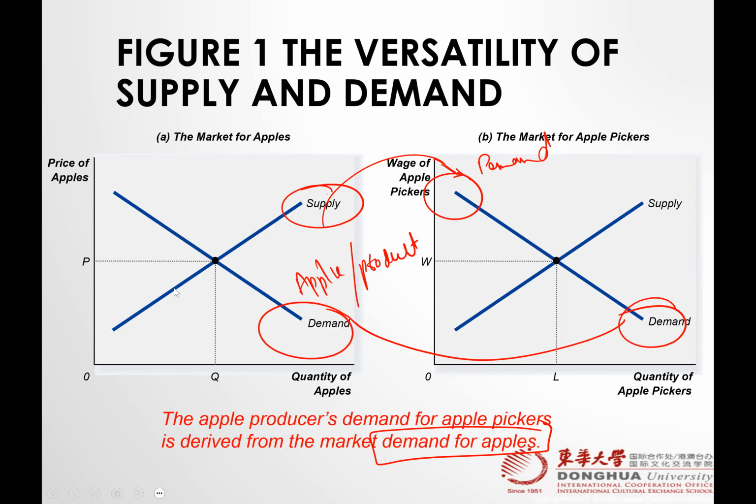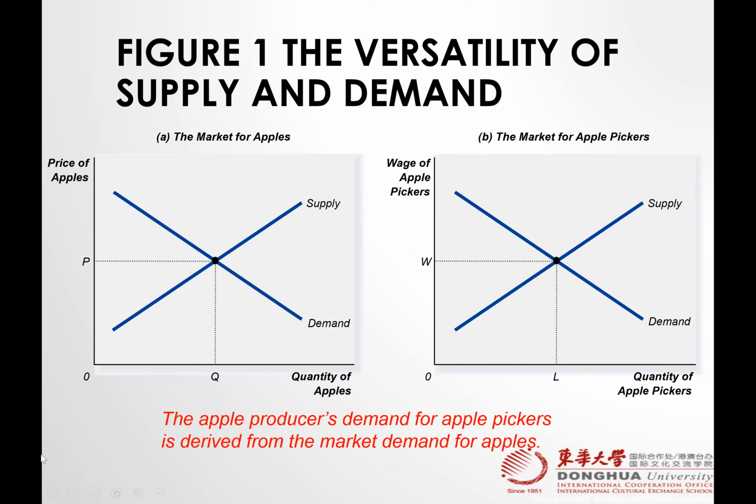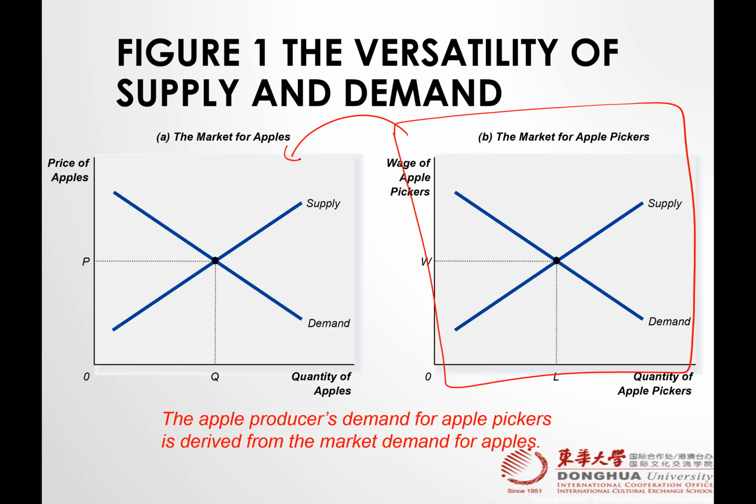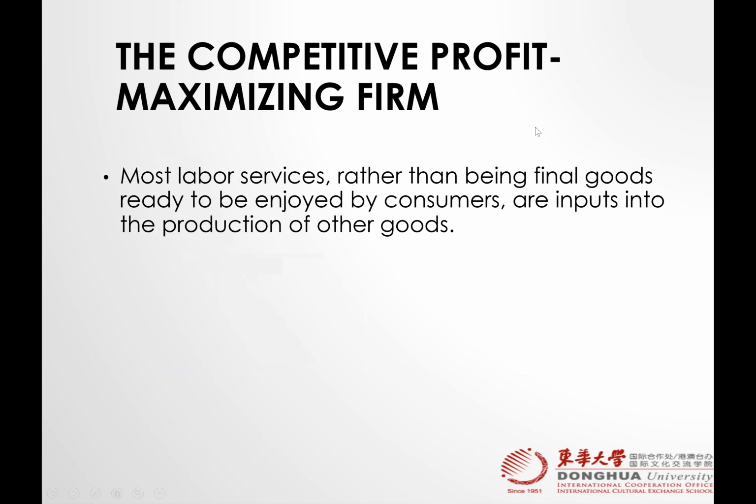Here, this is not an independent market because this market depends on the market of final products. The final product is apple. And this is the factor of production, one factor of production, that is labor, apple picker, right? So now the competitive profit maximizing firm.